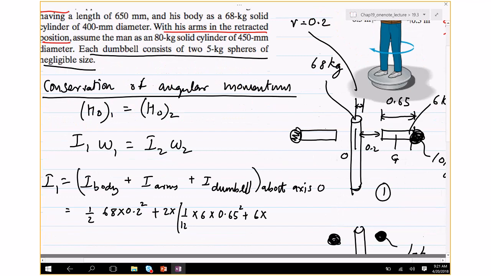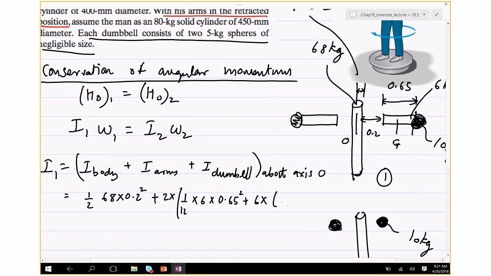So it's 0.2 plus half of 0.65. That is going to be 0.525. Is that right? Yeah, 5 to 5. So 0.525 squared.